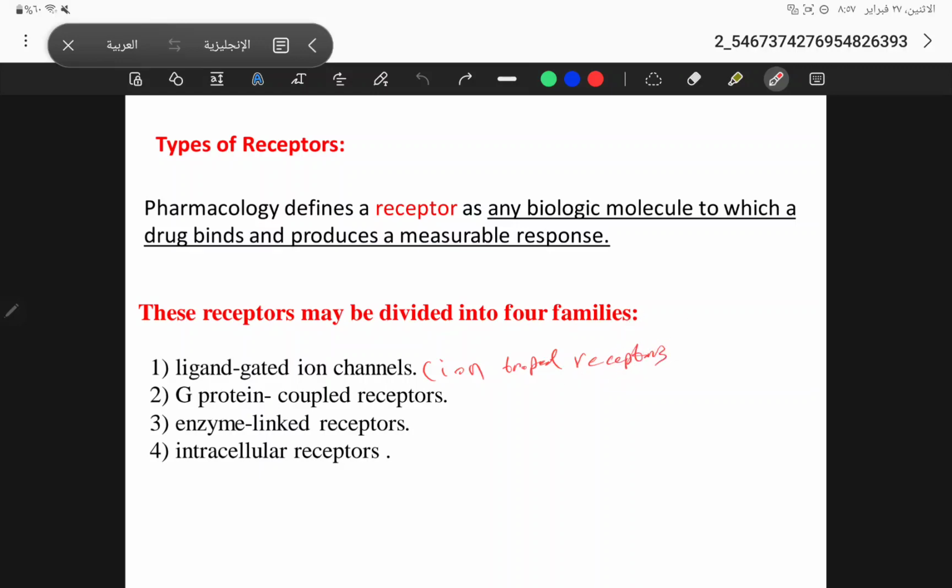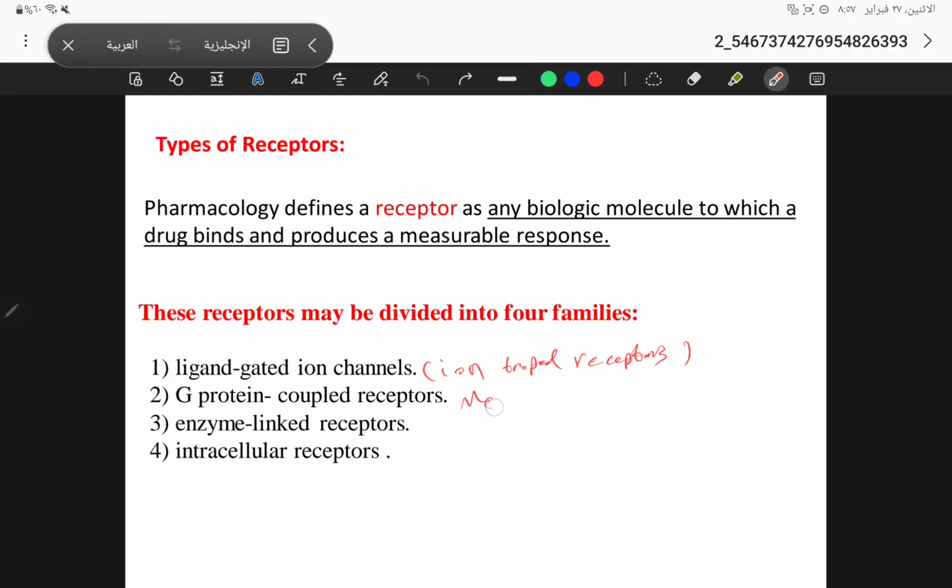Tropic means triggered or stimulated. So I have ligand-gated ion channels. This is the first family. The second family is G protein coupled receptors, also called, between 2 brackets, metabotropic receptors.